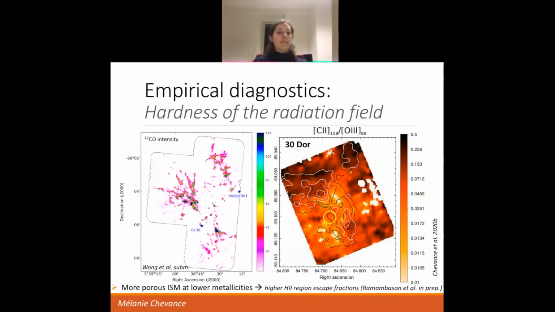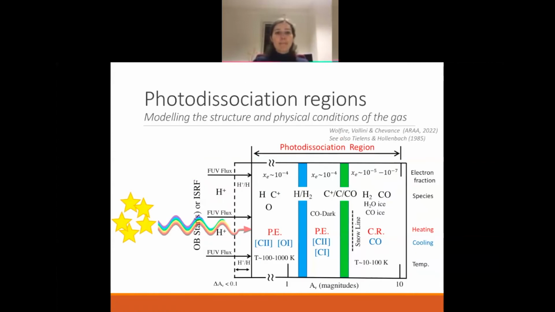And just a very quick snapshot here of a very recent ALMA map of CO in Sextans A. The resolution of ALMA here is 0.4 parsec, and you can see these very small CO clumps here. So you can actually see how porous the medium is. And these CO clumps are embedded in a neutral and ionized medium.